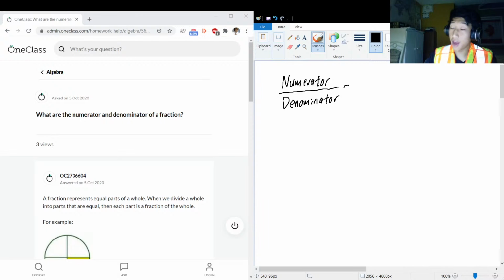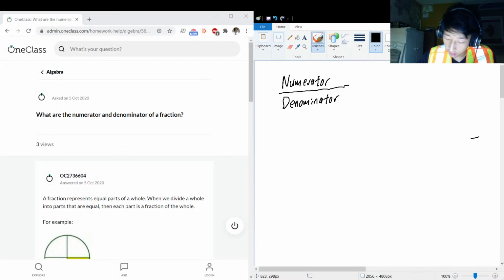The nice way I used to remember denominator: D, downstairs, D, both start with D, both go downstairs. That's probably the best way. That's how I used to memorize it, but could be a useful thing. Denominators are downstairs on the fraction, and what's on top is the numerator.